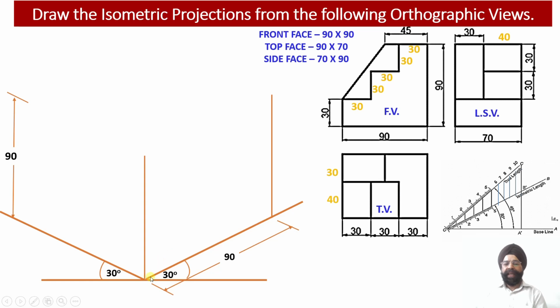So I have marked the length dimension along the z-axis as 90 millimeter, and the height of the solid is also equal to 90 millimeter. So I get the construction of a square face towards the right hand side, between the YZ plane. I have marked this face of the isometric construction as front view over here.